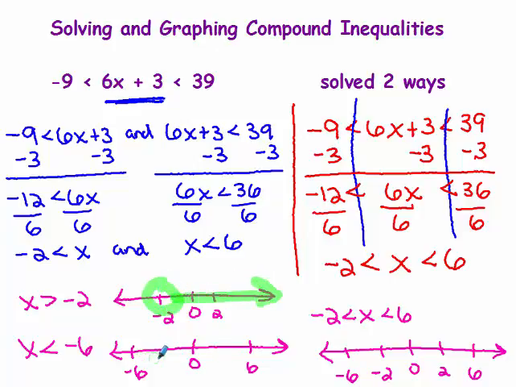Open circle on, excuse me, that shouldn't have been a negative 6. Open circle on 6 to the left. I want to make this a positive because that is incorrect. And you're looking to where they overlap. They're overlapping between negative 2 and 6.